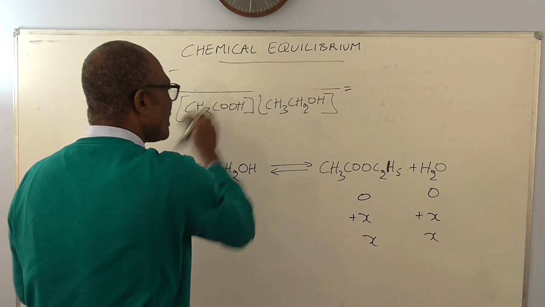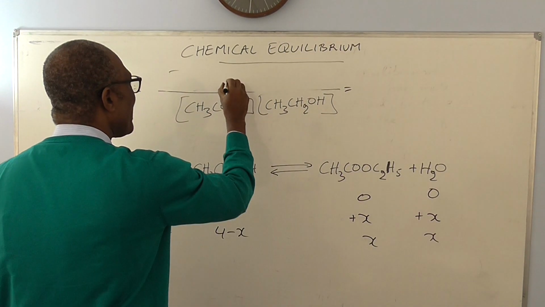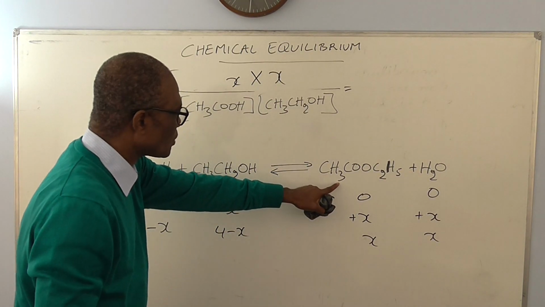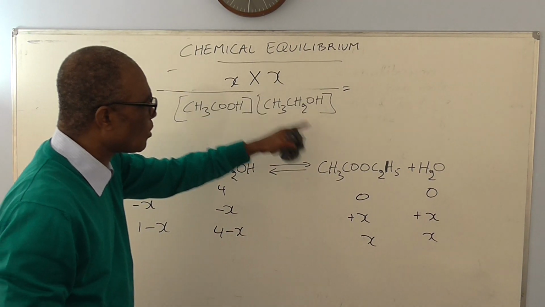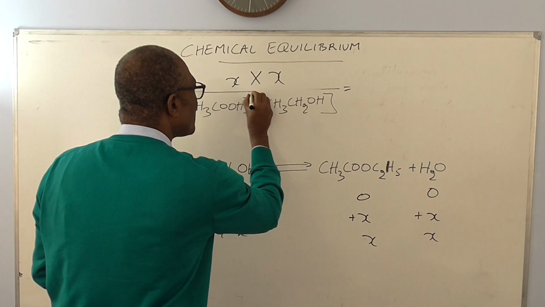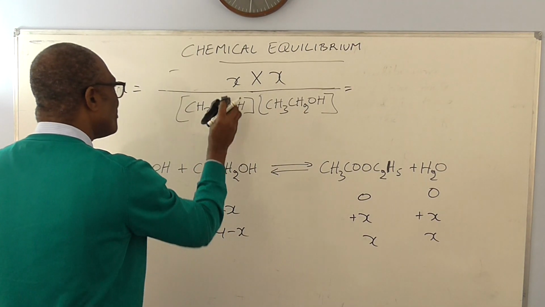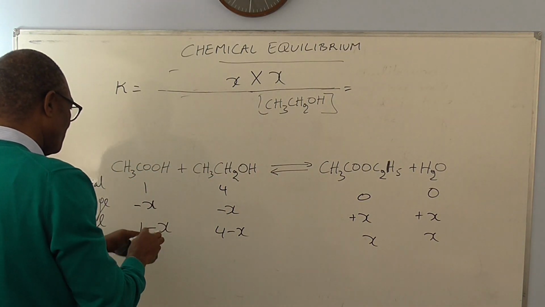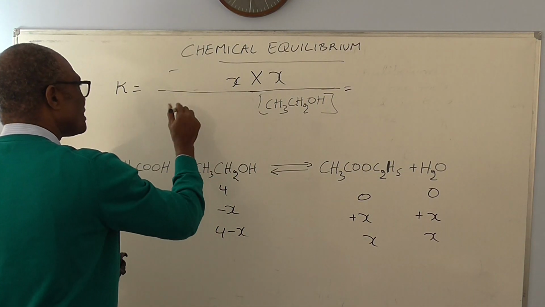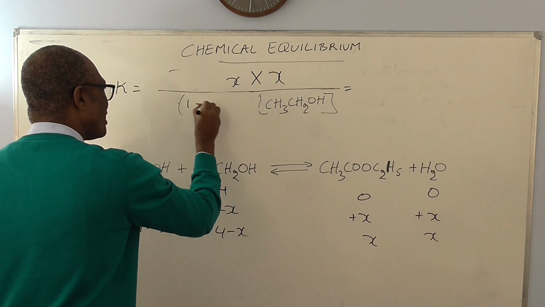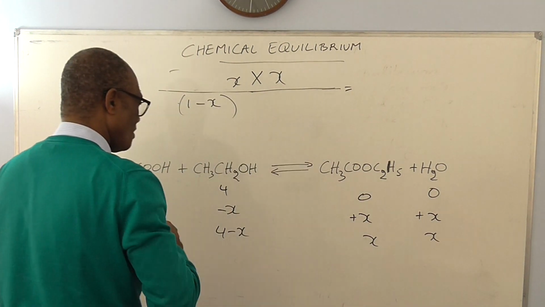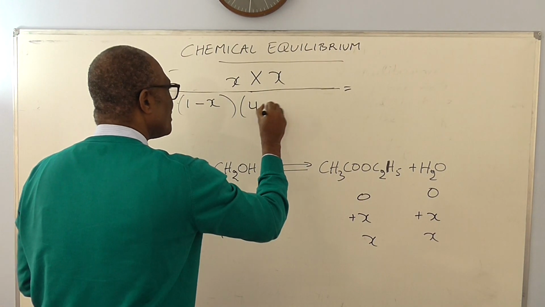I'm going to replace there, and I put x multiplied by x. So the concentration of ester multiplied by the concentration of water divided by the concentration of ethanoic acid, 1 minus x, multiplied by the concentration of ethanol.